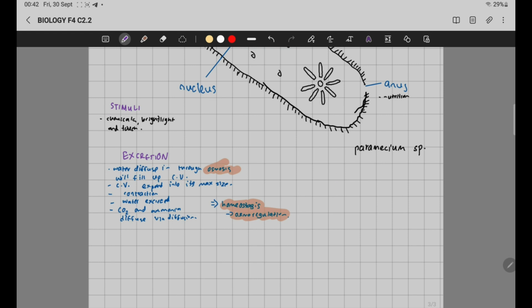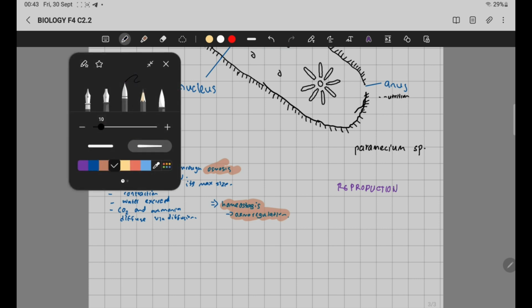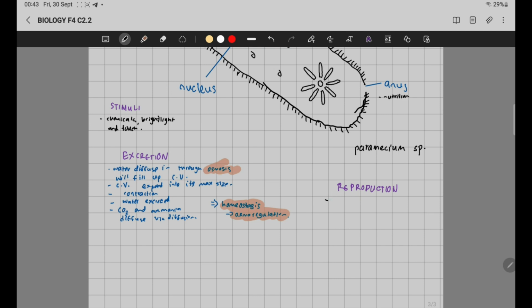To ensure the species' survival and not let them go extinct, they will reproduce. How does the paramecium reproduce? This is a bit different from the amoeba we learned before, in which in suitable environmental conditions it will reproduce through asexual reproduction via binary fission or mitosis.